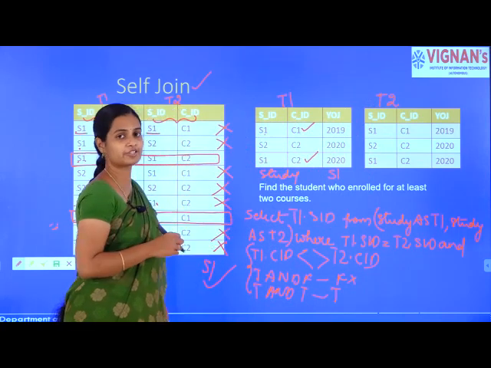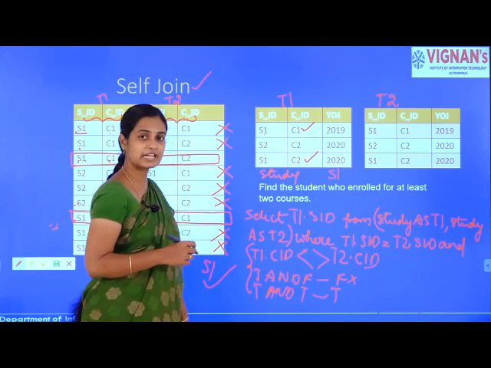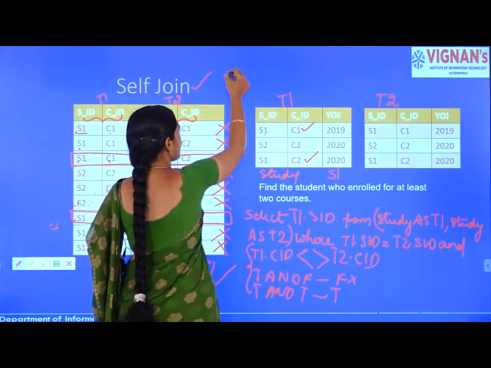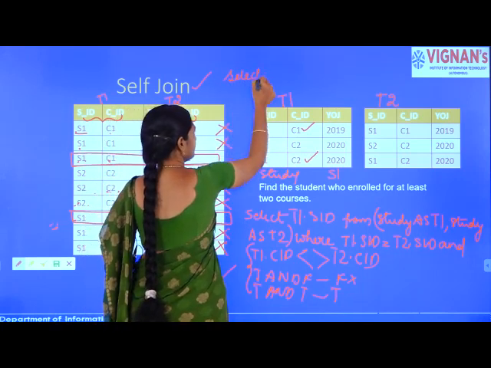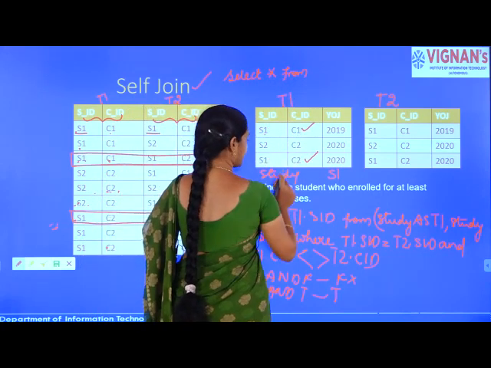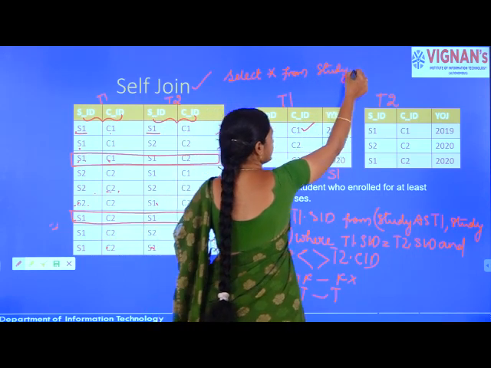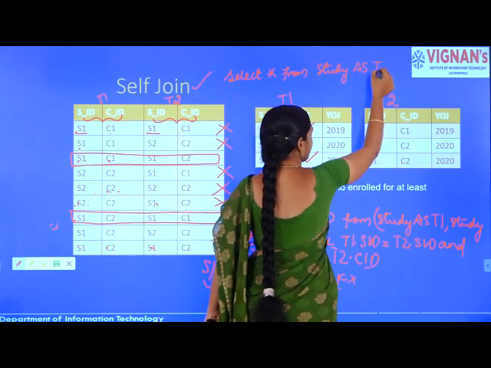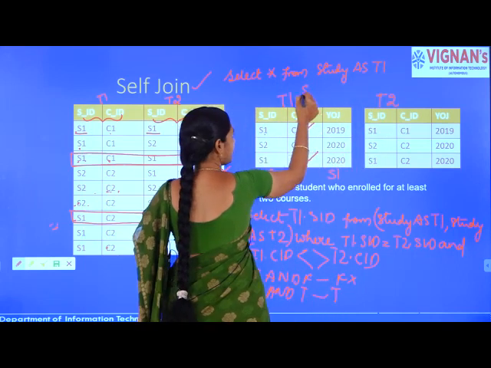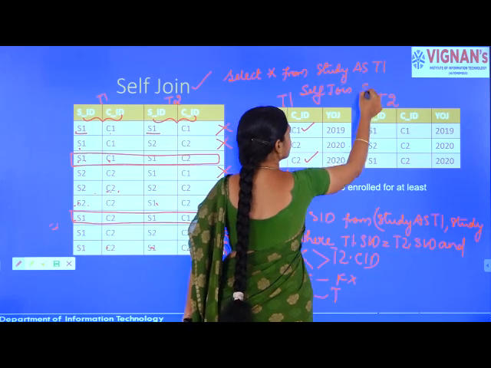Like how we have mentioned for natural join, in the same way you can mention for self join too. Okay. So select star from study as T1, self join study as T2.